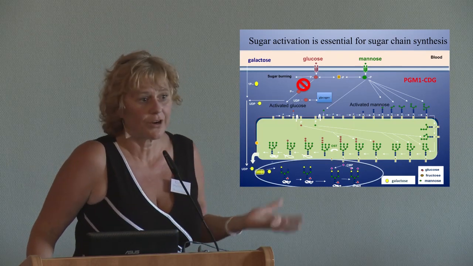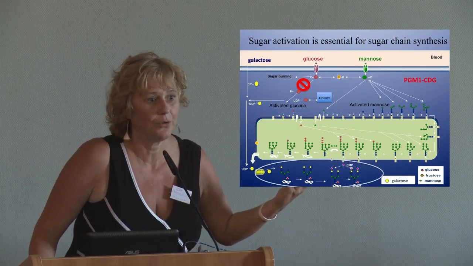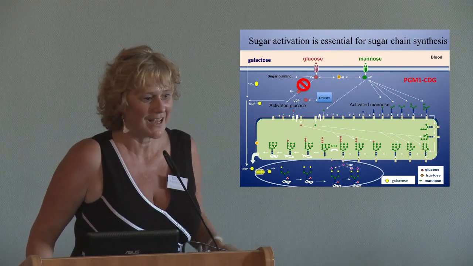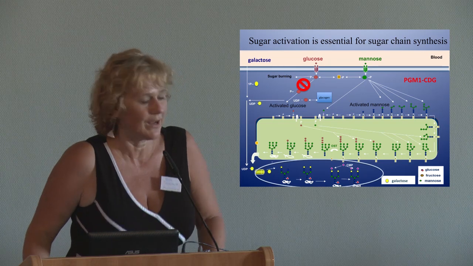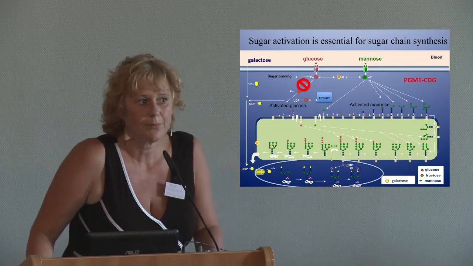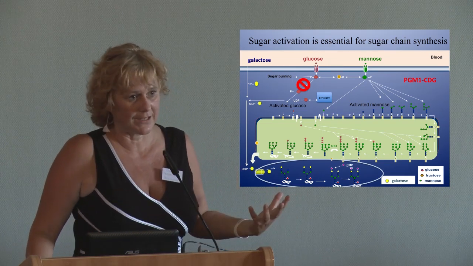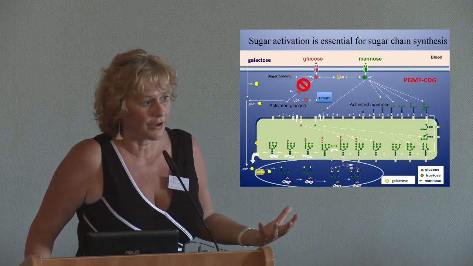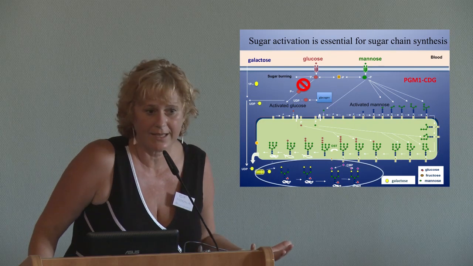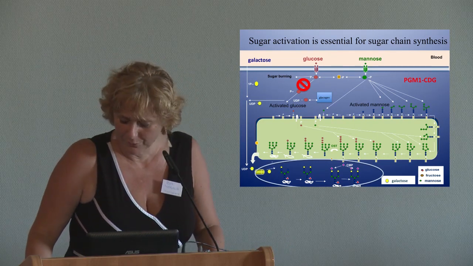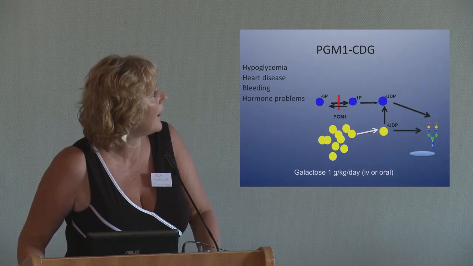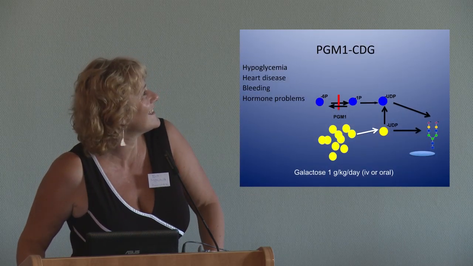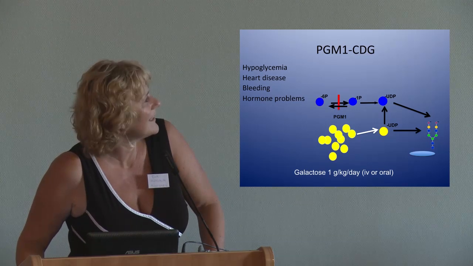So, what should I do with this patient? You would think, okay, there's not enough galactose, let's try to give some more. This was supported by some experiments we did in vitro. We measured the effect of galactose in skin cells. If you want to see how it looks, this is one of our beautiful patients with a PGM1 CDG.